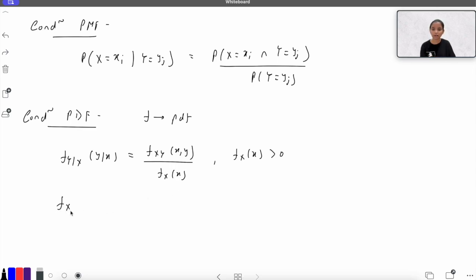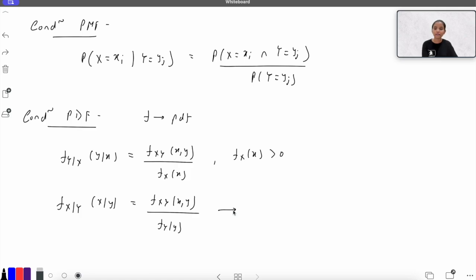Similarly, you can write the conditional PDF of x given y, that would be equal to f_XY(x,y), the joint, upon f_Y(y). Okay, and these are the conditional PDFs.